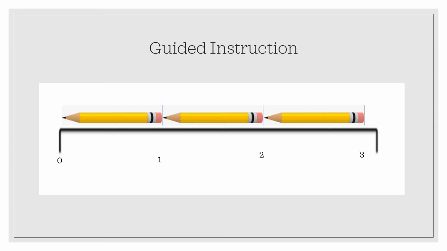Alright, let's work together. Remember, this represents half of the space in between 0 and 1. Look at the space in between 1 and 2. Remember, this one represents one whole pencil. It represents the length of one pencil.